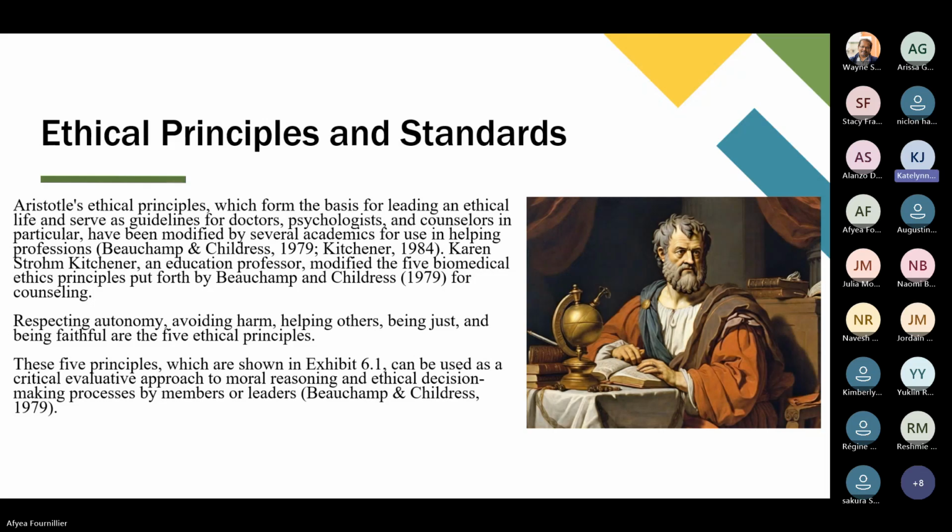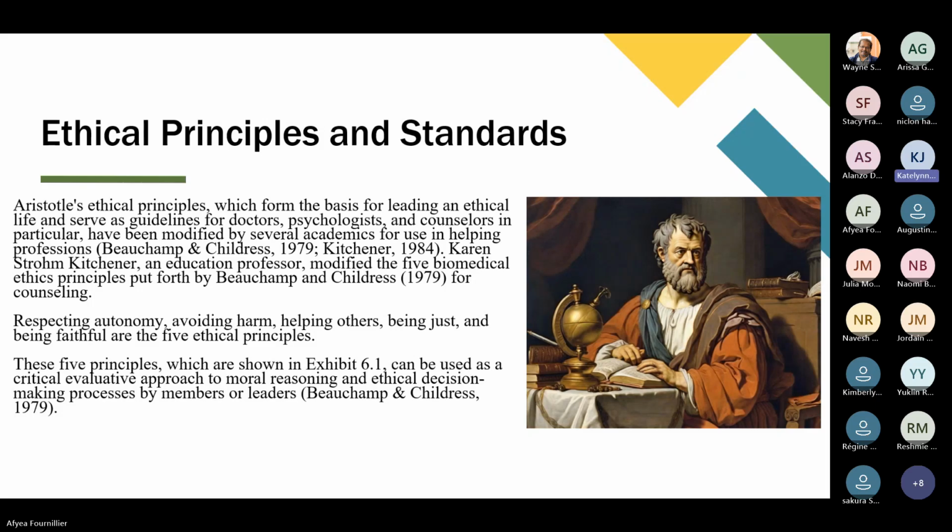Karen Strump Kitchener, an education professor, modified the five biomedical ethics principles put forth by Beauchamp and Childress for counseling. So, respecting autonomy, avoiding harm, helping others, being just, and being faithful are the five ethical principles.